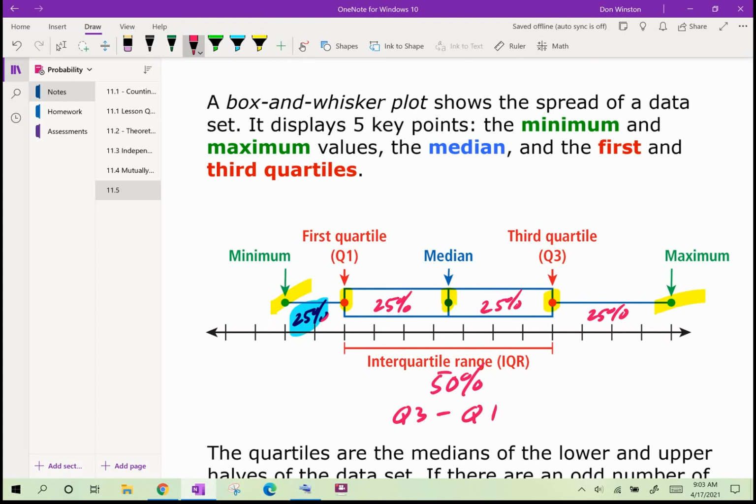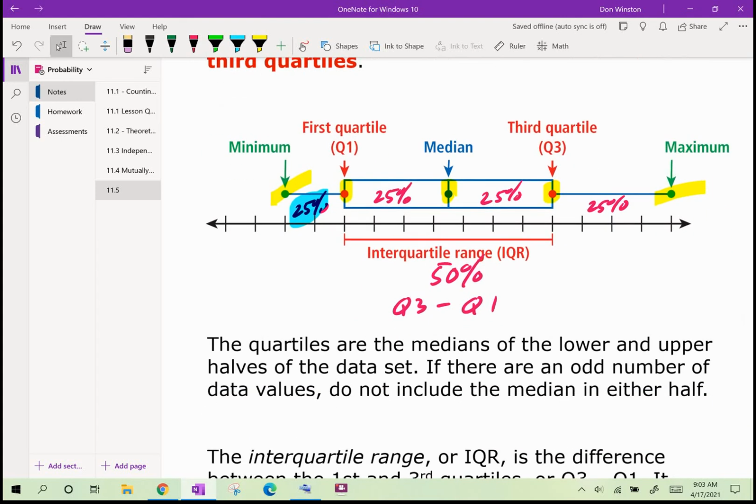All right, so let's take a look. They mentioned the quartiles are the medians of the lower and upper halves of the data set. If there are an odd number of data values, do not include the median in either the lower or the upper half. We'll see that. If there's an odd number of data items, remember, the median is always the number right in the middle.